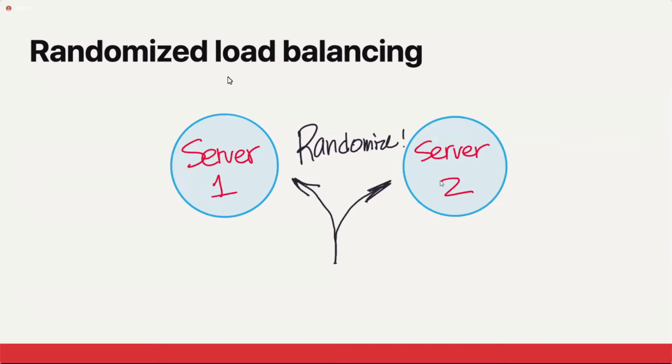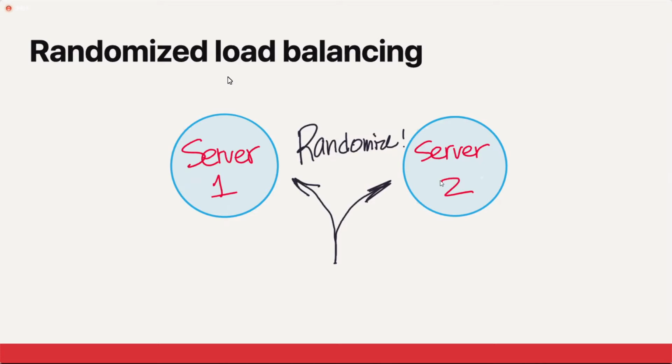We could have heuristics again, but in this case, the simplest idea is to randomize. All we need to do is, for example, generate a hash value of the IP address of the request, and send it to the server corresponding to that hash value.